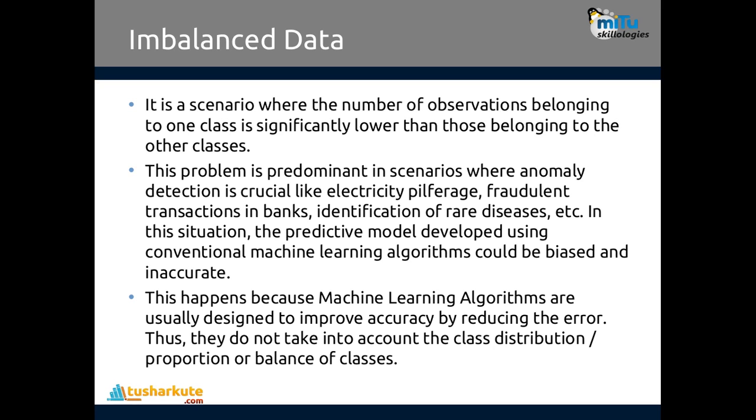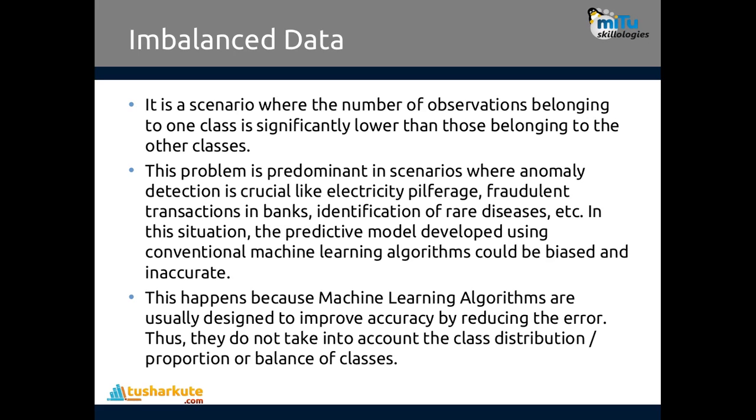What do you mean by resampling, or what do you mean by imbalanced data? It's a scenario where the number of observations belonging to one class is significantly lower than those belonging to the other classes. This problem is predominant in scenarios where anomaly detection is crucial, like electricity pilferage, fraudulent transactions in banks, identification of rare diseases.